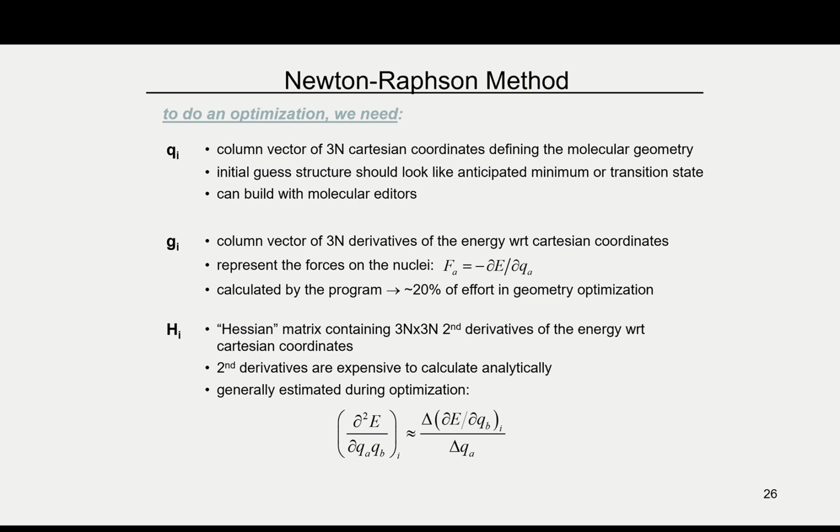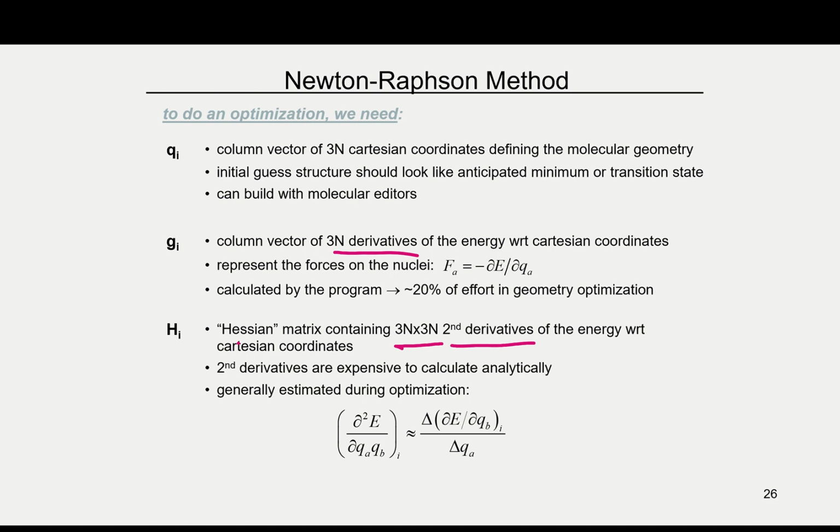The Hessian is the matrix containing 3N by 3N second derivatives of the energy with respect to Cartesian coordinates. That was the first derivative, and in here it is the second derivative. This is the 3N derivatives, and in here this is 3N by 3N second derivatives.